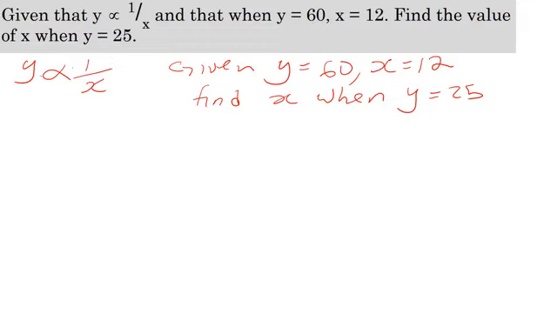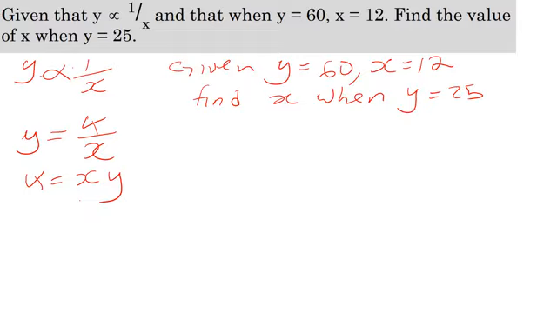For us to make it an equation, we should introduce an equal sign, and for that we will need to bring in the constant. Then we know that k in this case will be equal to x times y. So that's the inverse relationship. We are given y is equal to 60 and x is equal to 12.